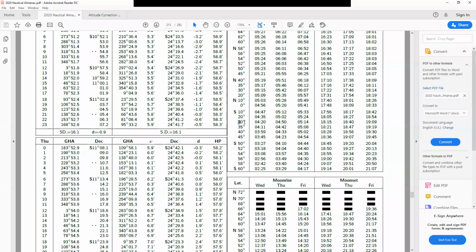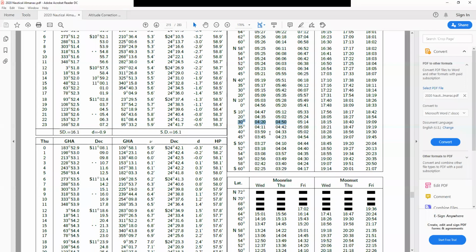You'll see over here you have 30 south and 35 south. So the values that we're interested in are over here. We're at 32, so we're in between 30 and 35.